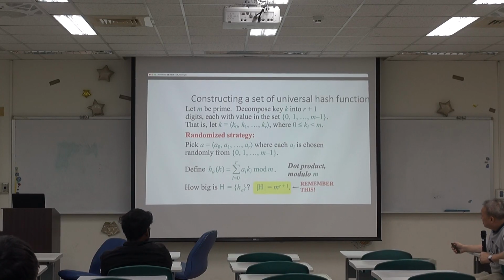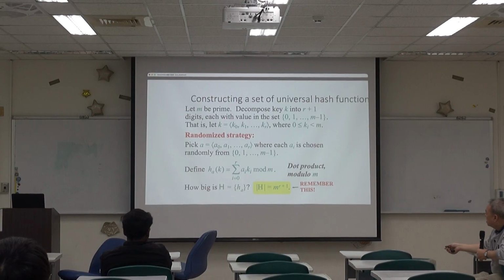Okay, so let n be prime. We can decompose key k into r plus 1 digits, or you can just assume your key has r plus 1 parts. Each digit or each part has a value in the set from 0 to n minus 1.